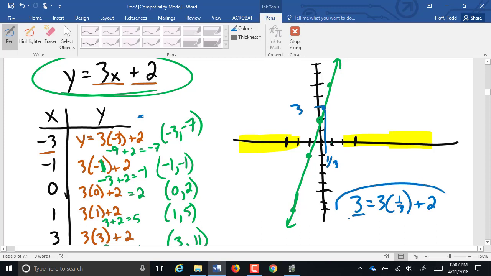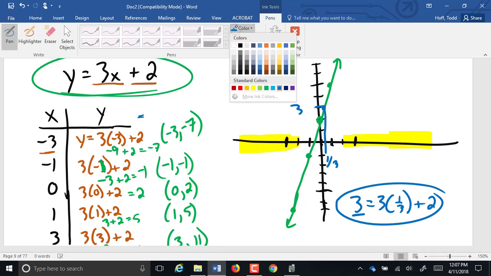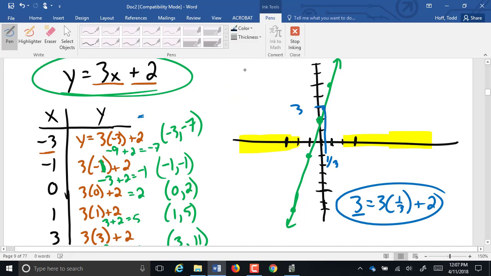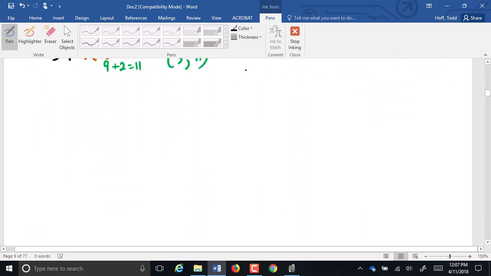So that makes the equation true. It's a point on that line. So every point on that line is a solution to the equation, and vice versa. Every solution to that equation forms a point somewhere on that line. So we can represent all of the solutions to the equation using that graph.